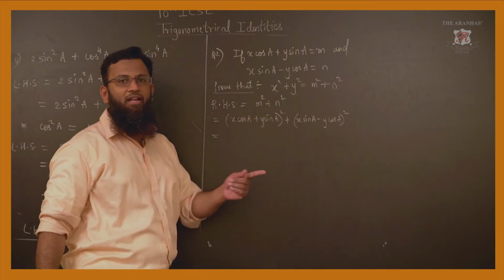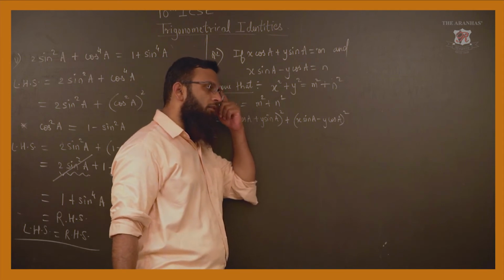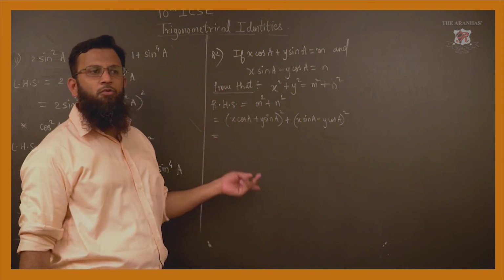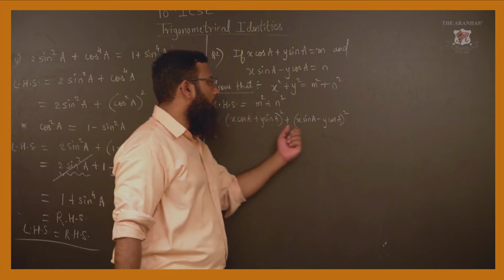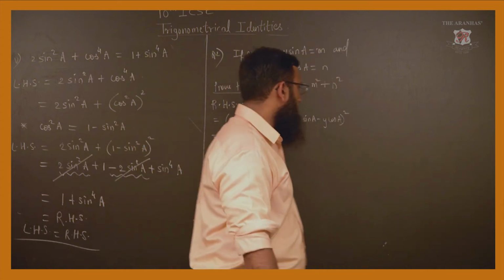Like I told you again, it resembles the formula from expansion. A plus b the whole square will be a square plus b square plus 2ab, and here it will be a square plus b square minus 2ab.